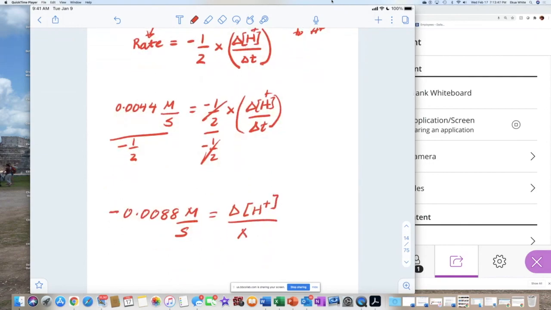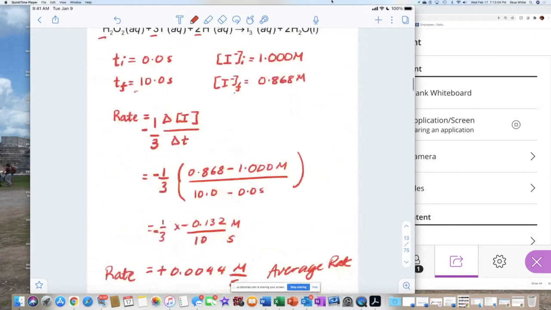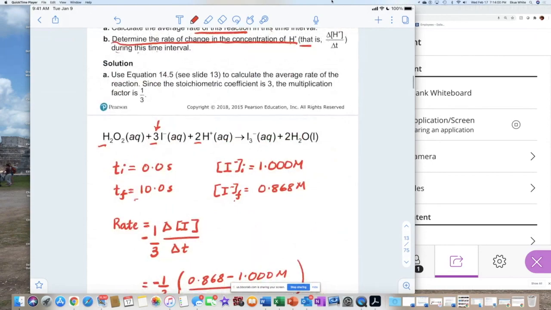So in the same 10 seconds, this is the amount of H plus that reacted, okay? It decreased by that amount. So this is kind of how you can tell each of those reactants. Imagine you're given shapes, right? This is say a square, and this is a triangle, and this is a circle.